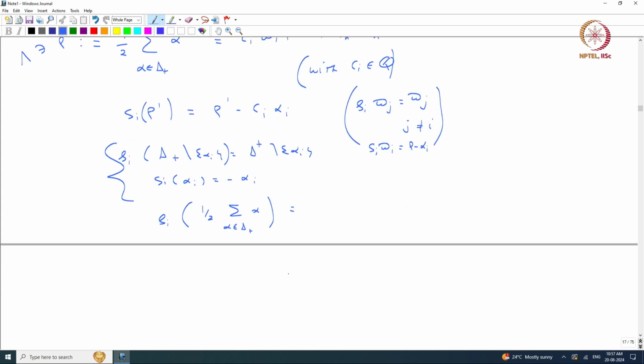The first sum will be invariant. So, this is going to be half the summation of alpha coming from delta plus minus alpha_i, because it is just going to permute it there.